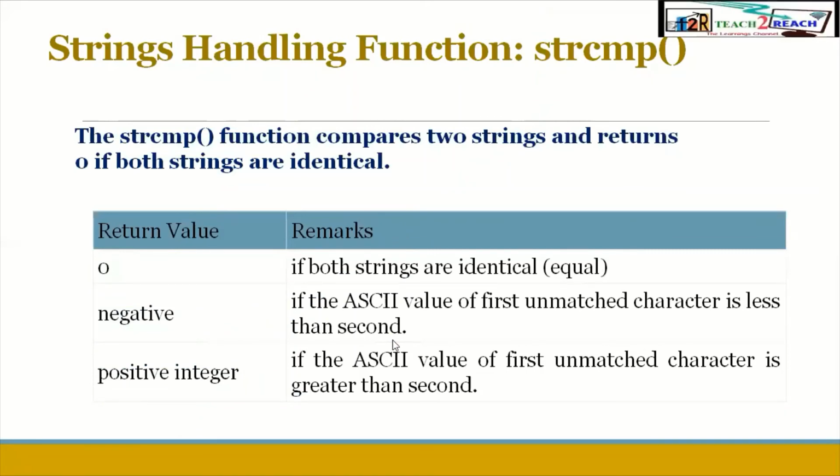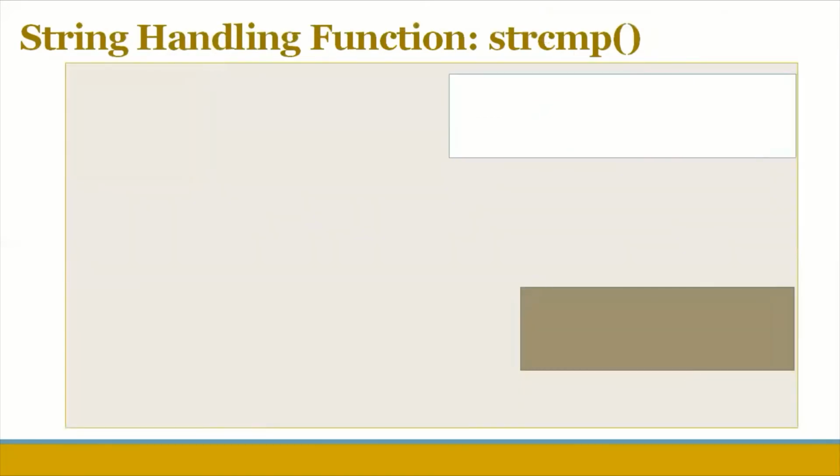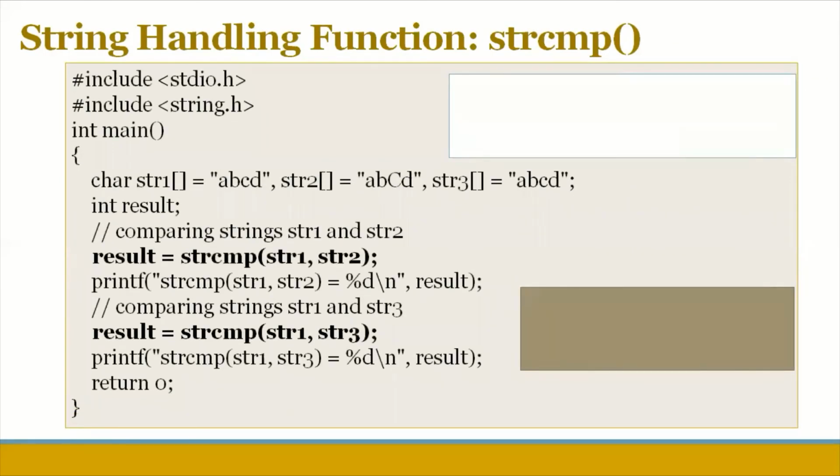Then coming to the string handling function strcmp example. Let us consider string 1 is abcd, all lowercase. String 2 is abCd with C uppercase. String 3 is all lowercase letters abcd.